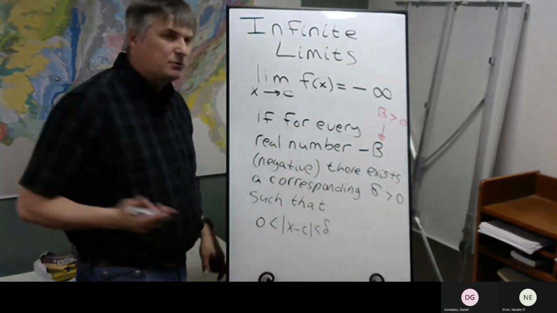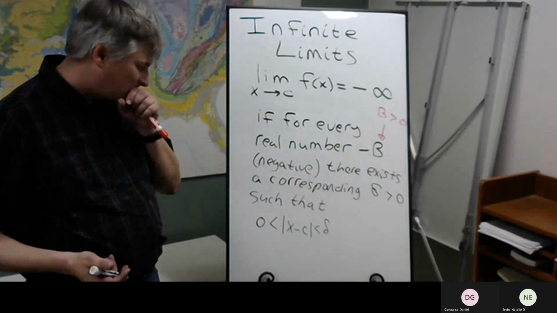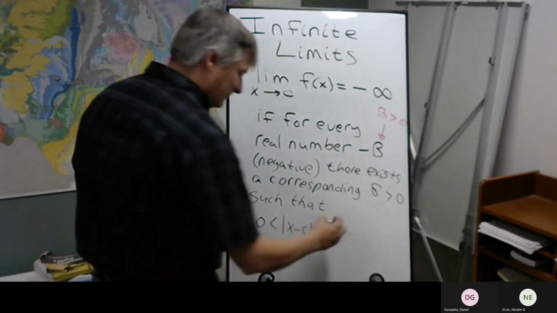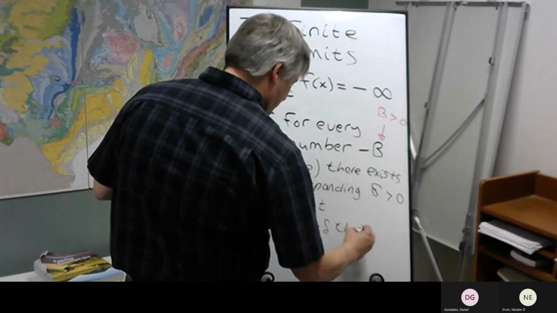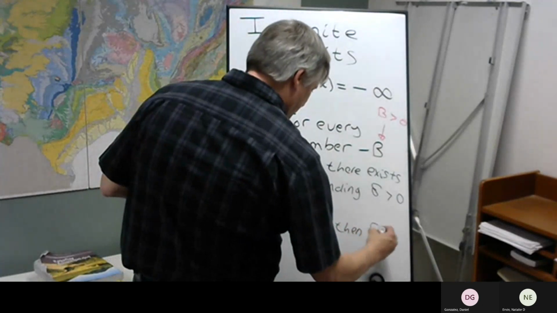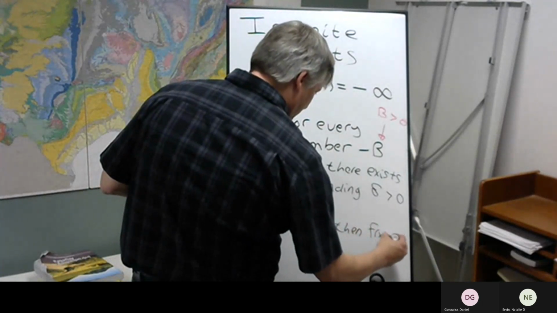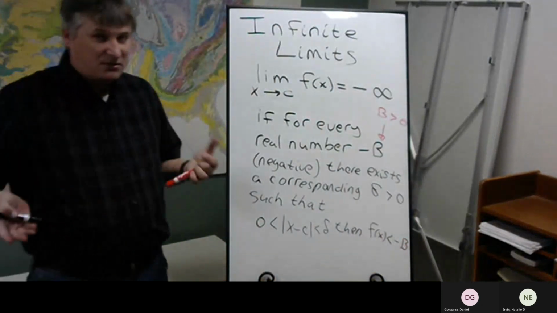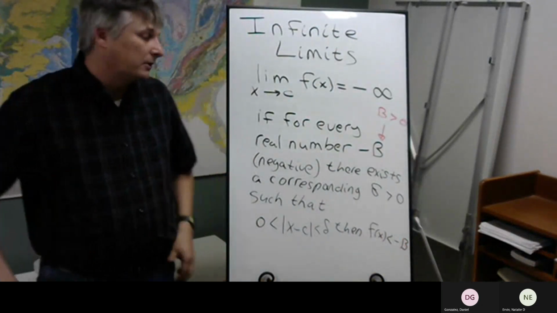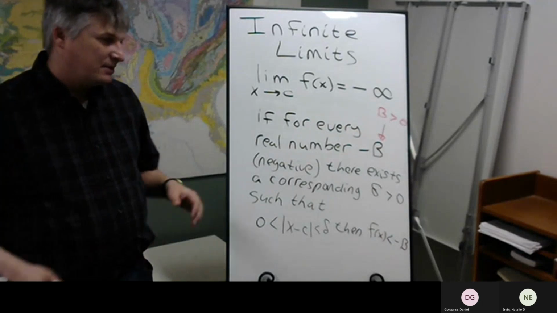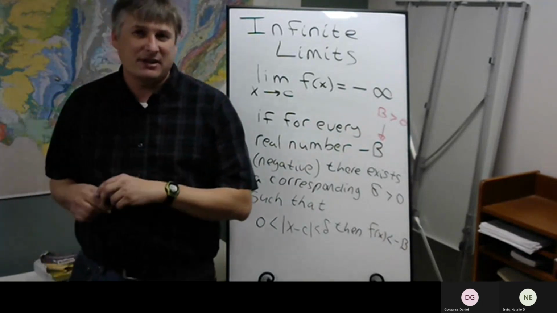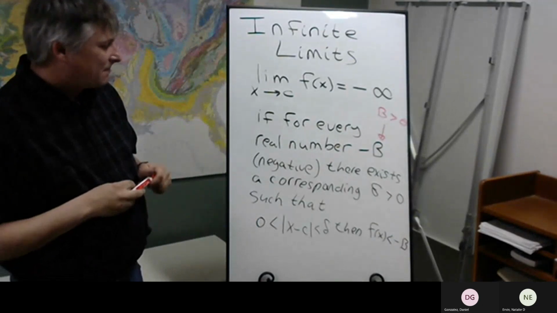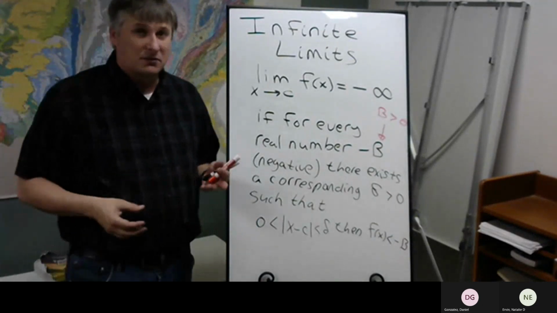So again, absolute values we can think of as distance. So the distance between x and c is going to be small, then f of x is less than this negative b. So again, b is this huge number. It's a big number. And so negative b is going to be a negative number way down the x-axis on the negative side, just way down there. So these are the formal definitions for this sort of thing.